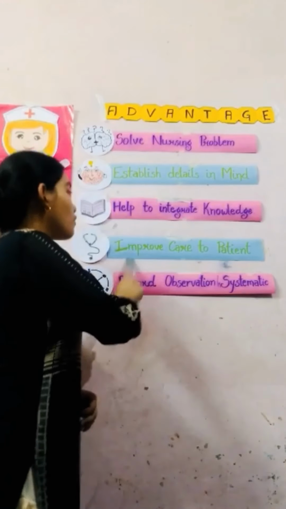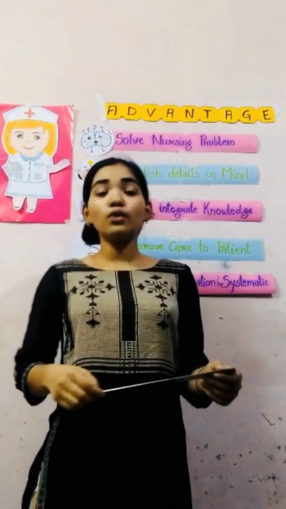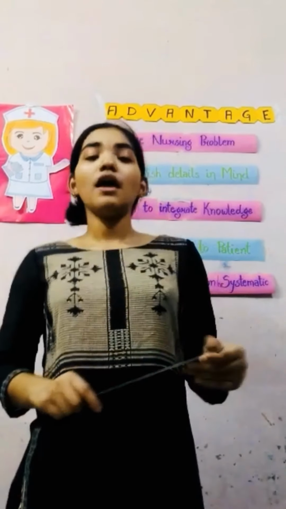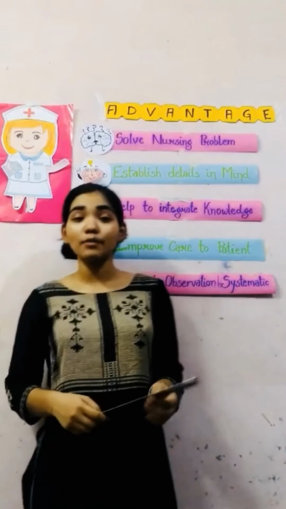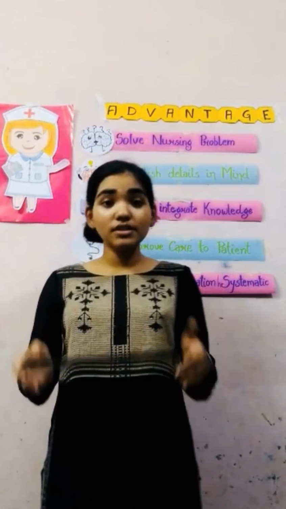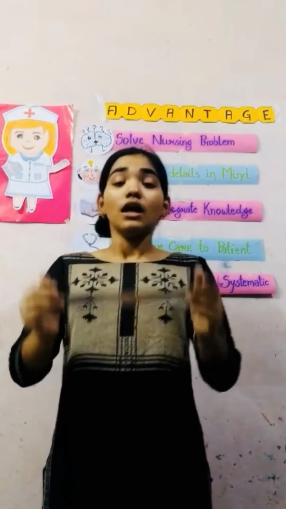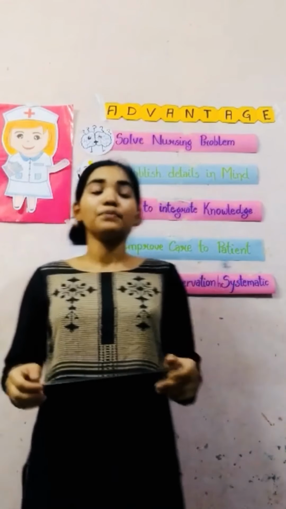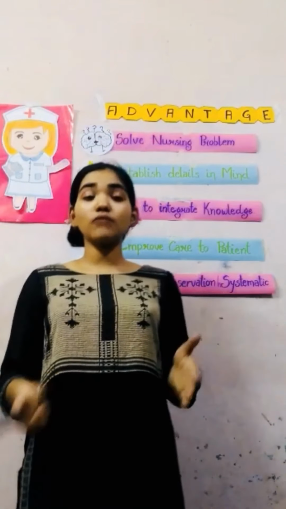Then improve care to patient. It helps the student nurses to improve the general care provided to the patients. For example, if a patient has tuberculosis and a nurse has given the patient a supine position, and she sees that the patient is still not able to breathe properly, then that nurse gives Fowler's or semi-Fowler's position to that patient.